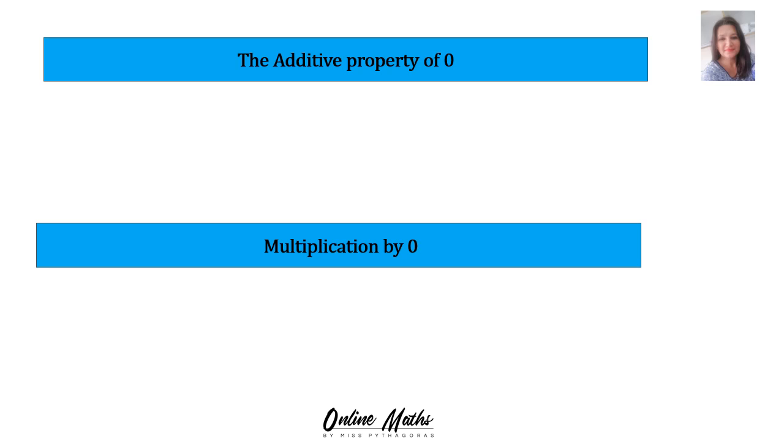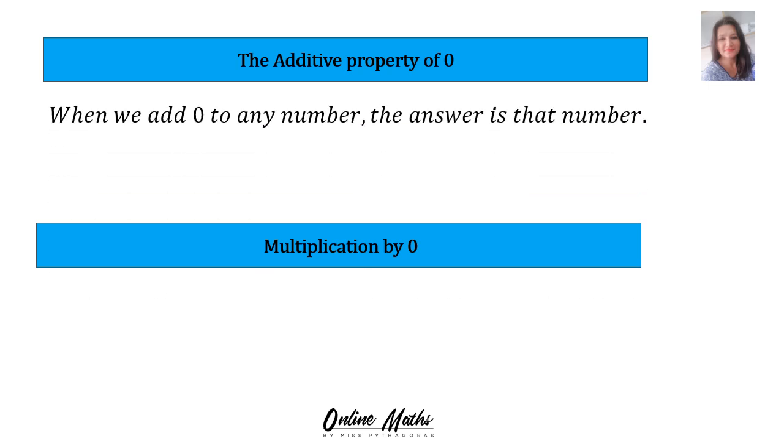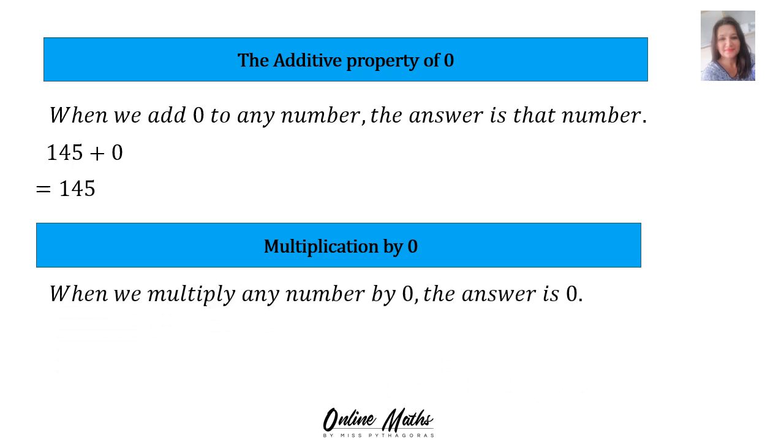Now we will be looking at something we call the additive property of 0. That means when we add 0 to any number, the answer is that number. For example, if I give you 145 plus 0, the answer is 145. And then multiplication by 0. When we multiply any number by 0, the answer is 0.